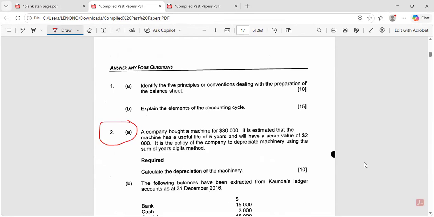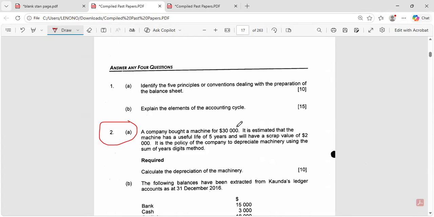It is estimated that the machine has a useful life of 5 years and will have a scrap value of $2,000. It is the policy of the company to depreciate machinery using the sum of years digits method. Calculate the depreciation of the machine.